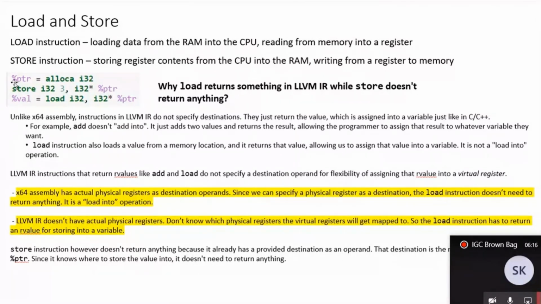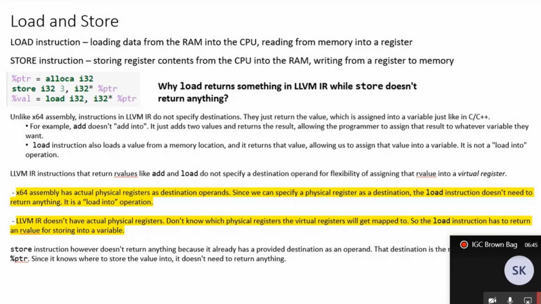So just visually looking at these instructions, we see that load returns a value and store does not return a value. It's a common question in beginners: why does load return something in LLVM intermediate representation while store doesn't return anything? Unlike in x64 assembly, instructions in LLVM IR do not specify destinations.